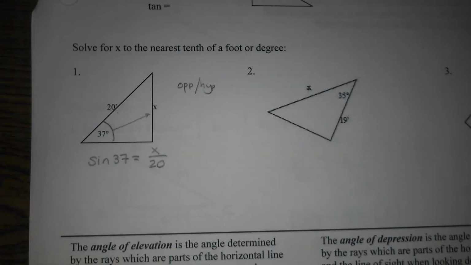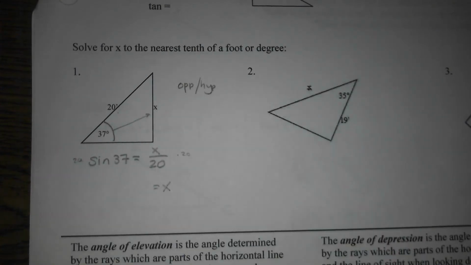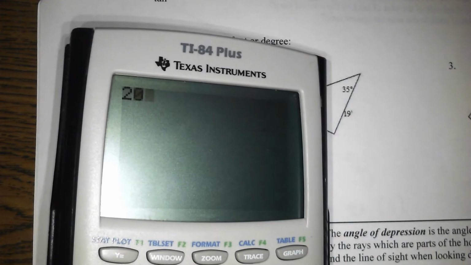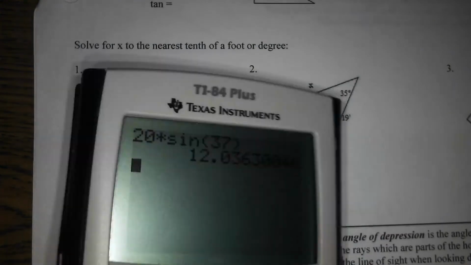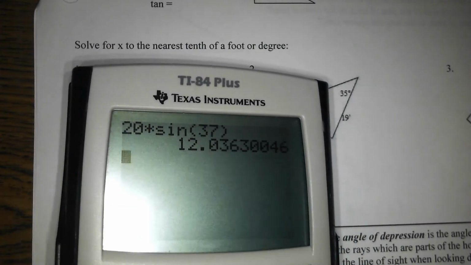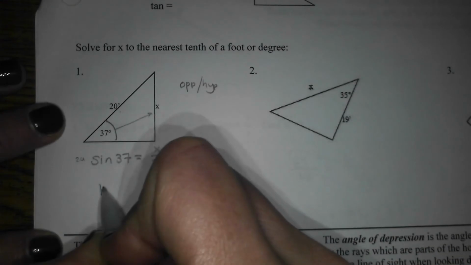So just to solve for x, to undo dividing by 20, you multiply both sides by 20. So times 20, x equals 20 times the sine of 37. And to the nearest tenth of a foot, 12.0, right? 12.0.